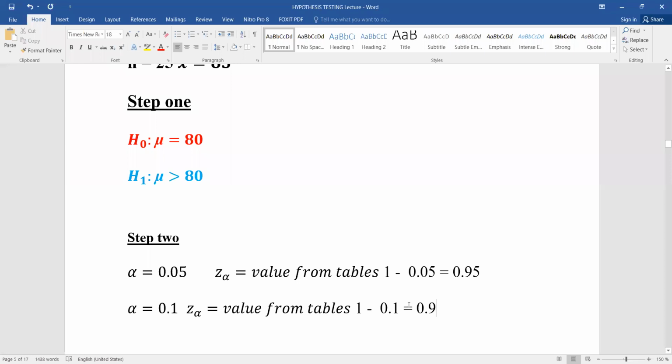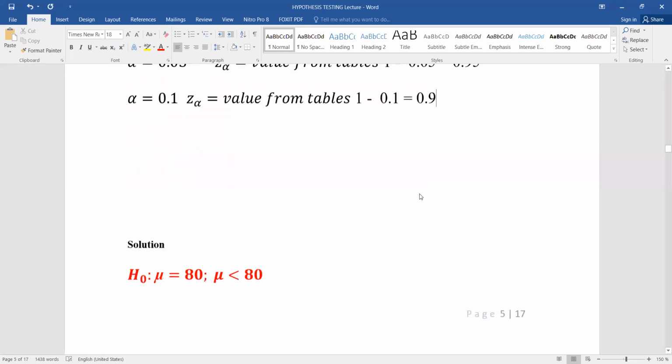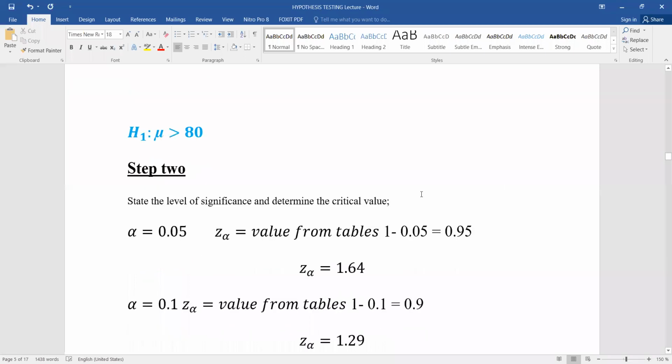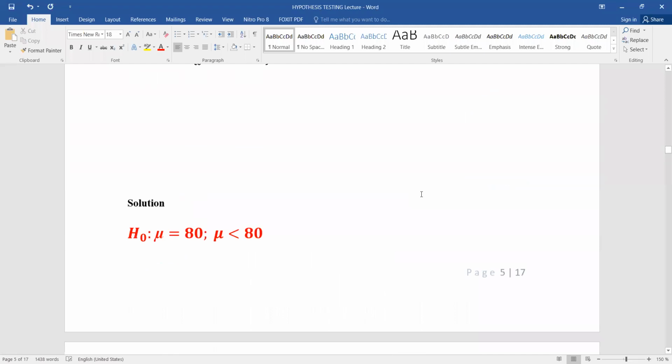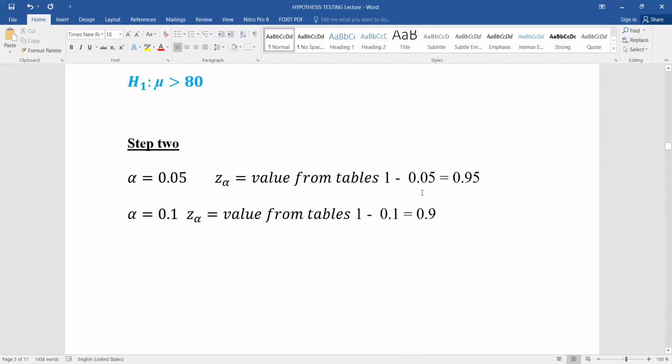Who says that answer is wrong? Why are you getting 1.208? 1.28 will pass, 1.29 will pass.